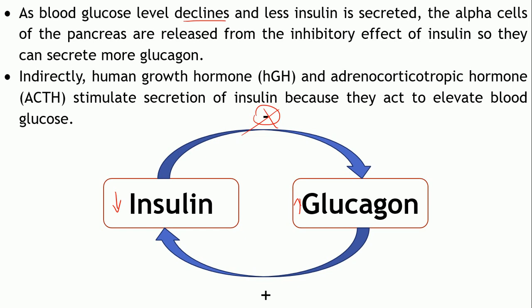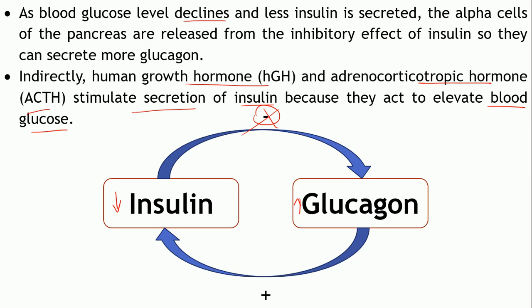Apart from that, even the human growth hormone and the ACTH, these are the hormones secreted by the anterior pituitary, right? As such, there is no direct control of the anterior pituitary on the pancreas, but they indirectly stimulate the secretion of insulin, because these two hormones elevate the blood glucose level.